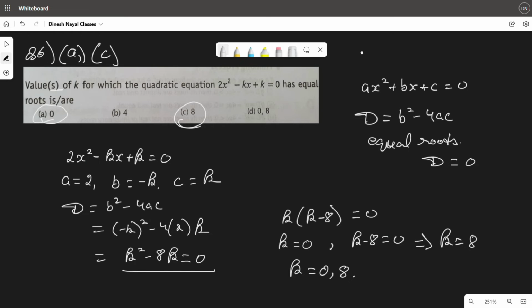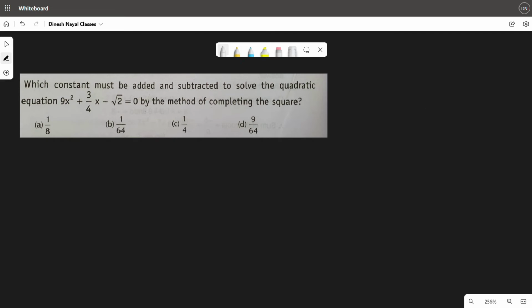Now the next question, which is question number 7. Which constant must be added or subtracted to solve the quadratic equation 9x square plus root 3 by 4 x minus root 2 equal to 0 by completing the square method?